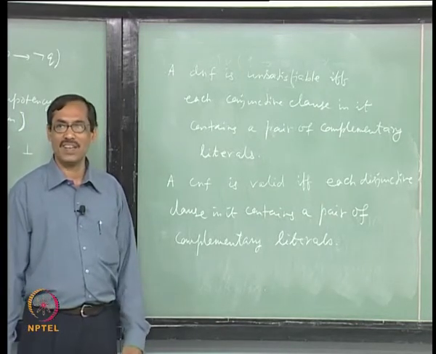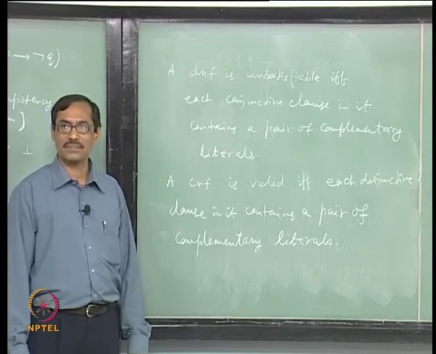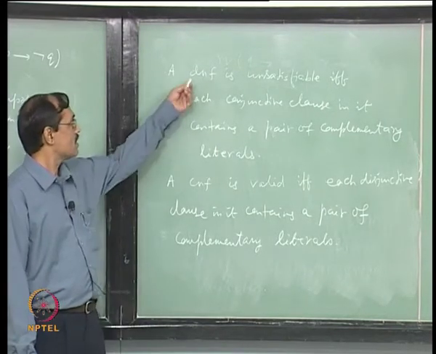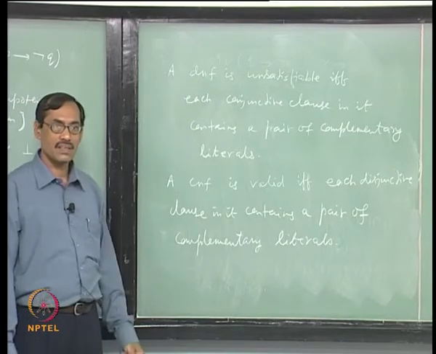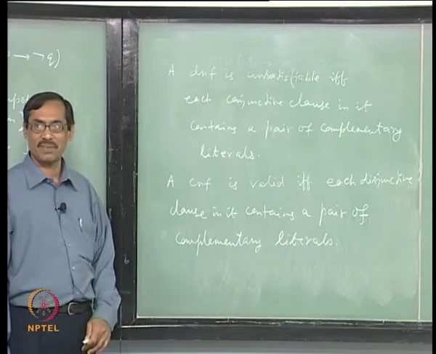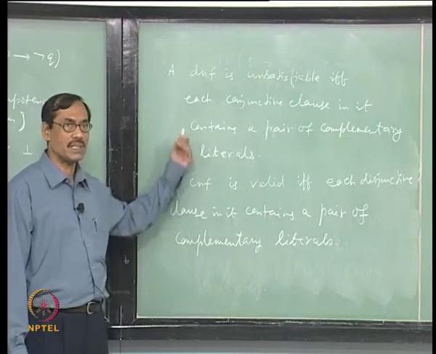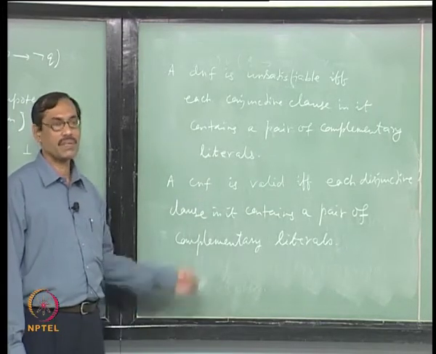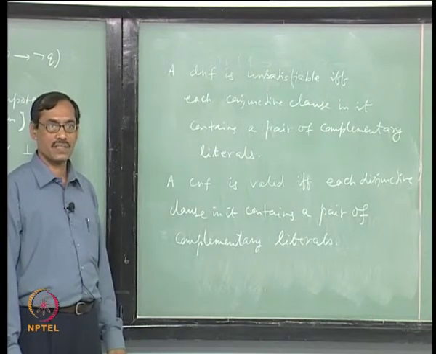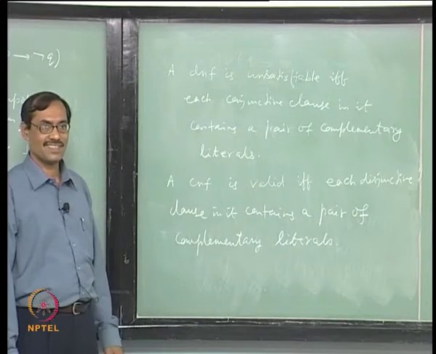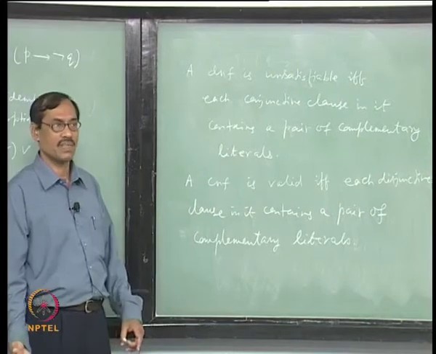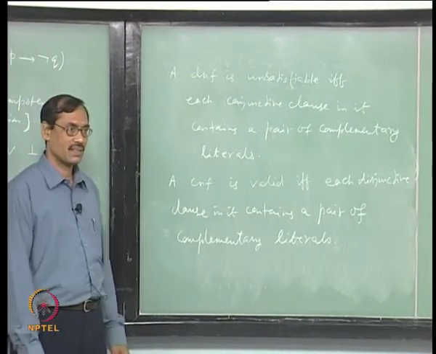So, you may need distribution and some other laws to be applied, fine. So, it might be difficult to decide whether a DNF is valid or not unless you convert it to a CNF again. Similarly, whether a CNF is satisfiable or not, it might be difficult to decide, right. Difficult in the sense of what? Not that you cannot do it, it might take some time, at least you have to convert it to the other form and then decide, okay.